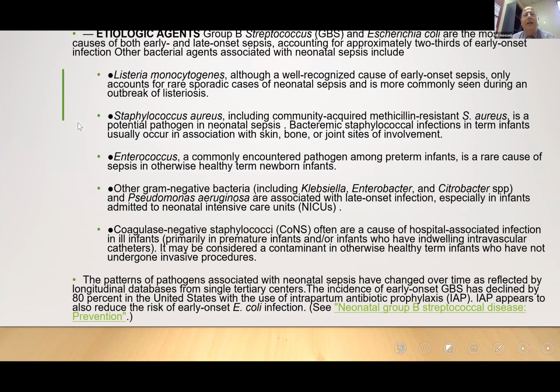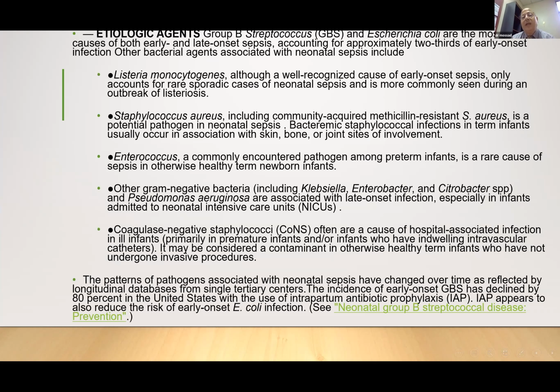Extra, like the etiological agent, we are speaking now about group B streptococci, but we must, as I told you, suspect Listeria, staph, enterococci, other organisms, CONS, and now they are shifting from group B streptococci in some areas like America, declined about 80% in the United States with the use of intrapartum antibiotics.